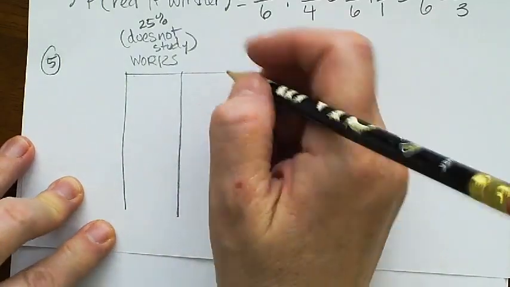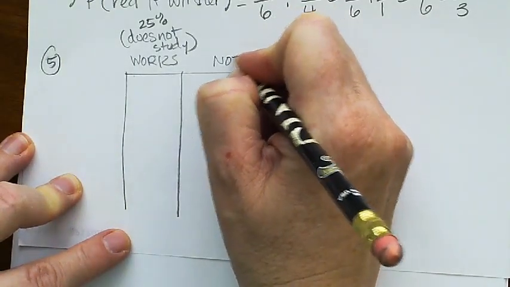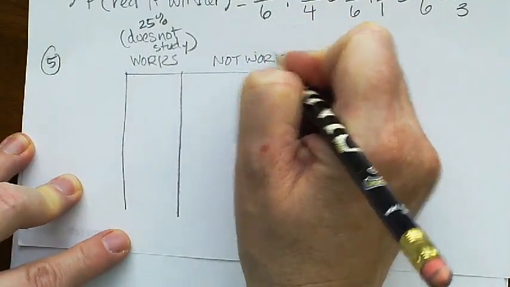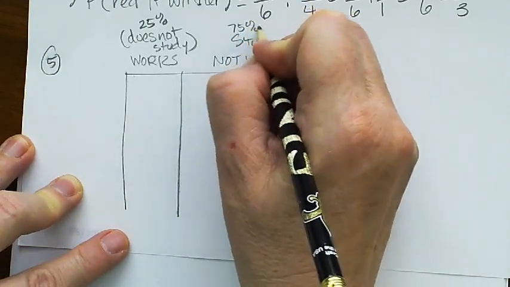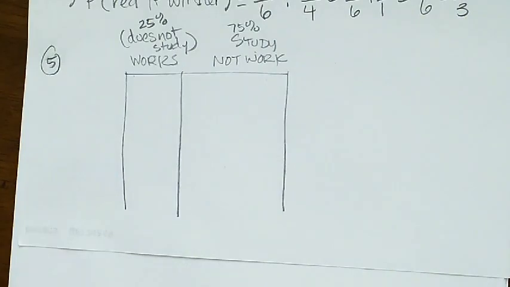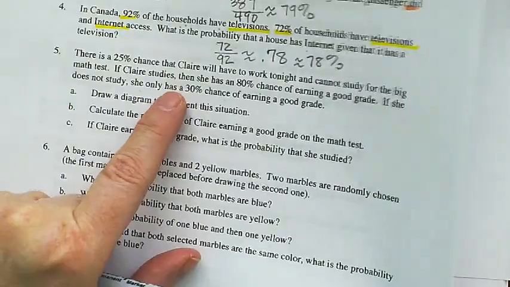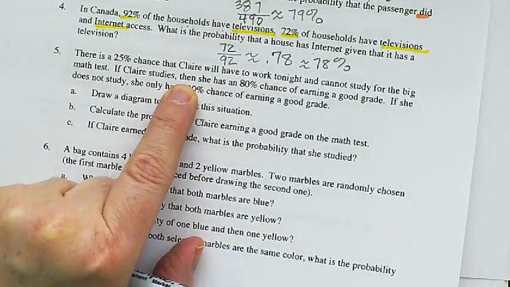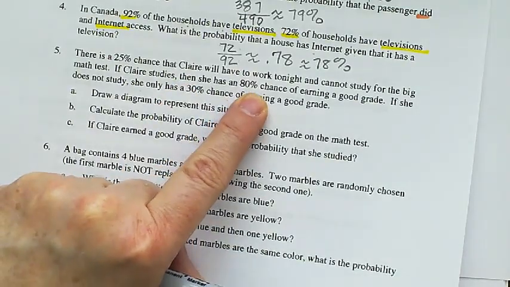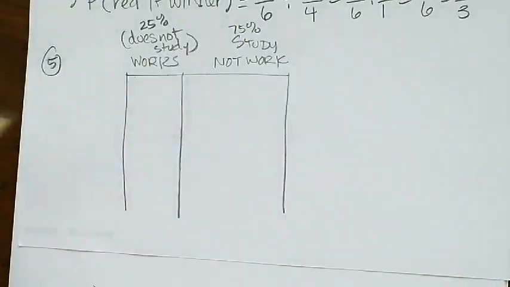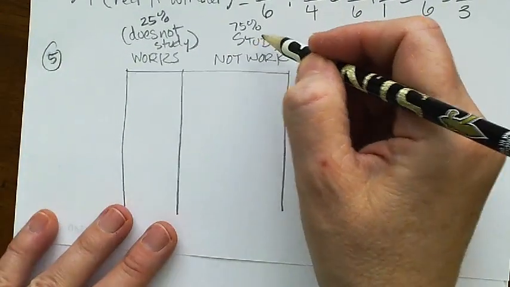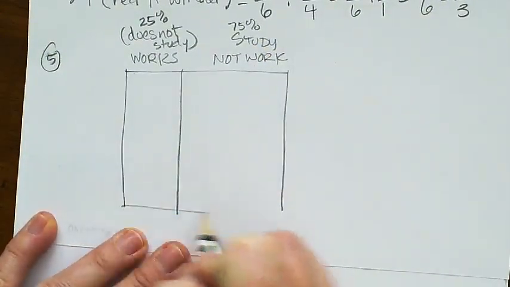Okay, if she does not work, then she's going to study for a 75% probability. If she doesn't work and she studies, then she's got an 80% chance of getting a good grade.